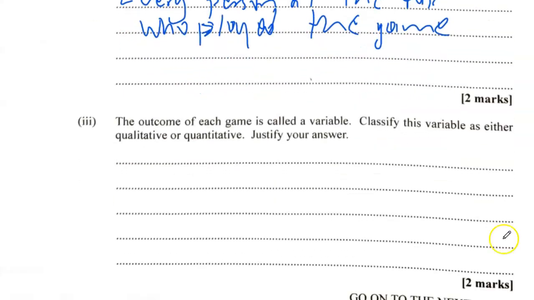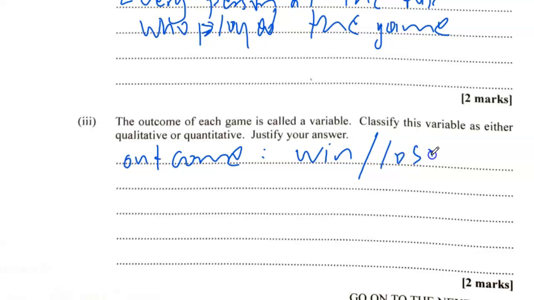The outcome of each game is called a variable. Classify this variable as either qualitative or quantitative. So the outcome would be win or lose. So the possible outcomes would be win or lose, and of course those are categories.